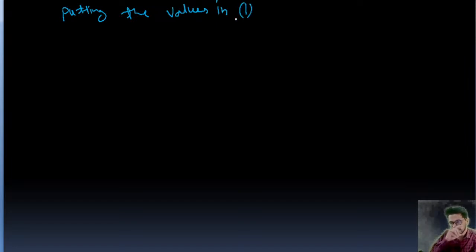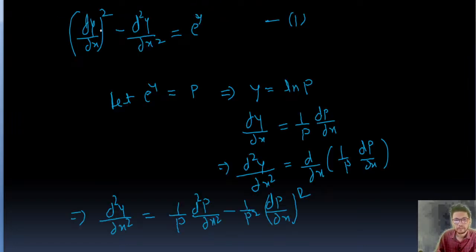Okay, so putting the values in 1, now we'll put the value. So dy over dx value is 1 upon p dp upon dx, right?